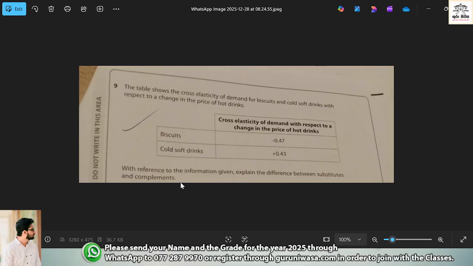To which product combination does this belong? Because XED means there should always be two products. I'm asking, 0.47, to which product combination does it belong?